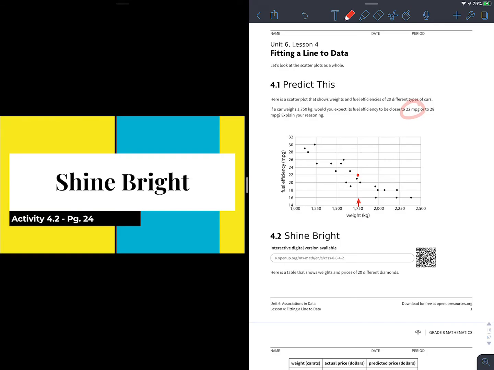And here's 28. Just based on those two points, the 22 is just more in line with the trend data. So I would not really expect for that point to represent the 1,750.